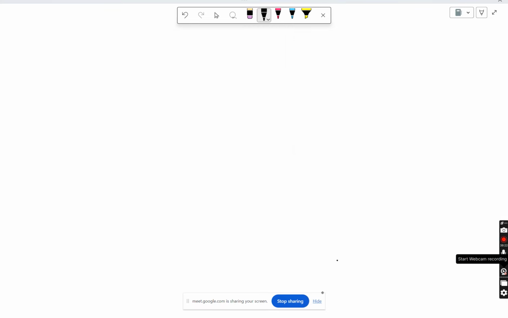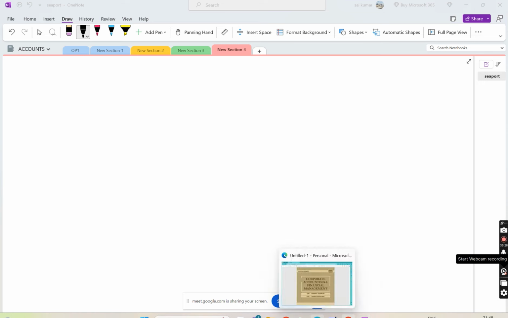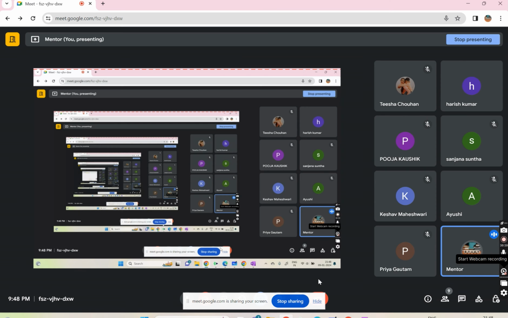Okay, just a second. I think this is not working. What we're going to do is, because I cannot move on even if one student does not know the basics, since for future reissue that won't be good. So we have here Harish, Aishi, Priya, Keshav, Maheshwari, Pooja, all these people.